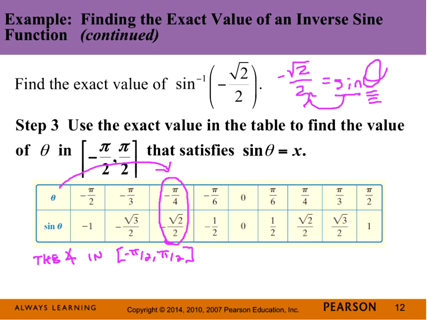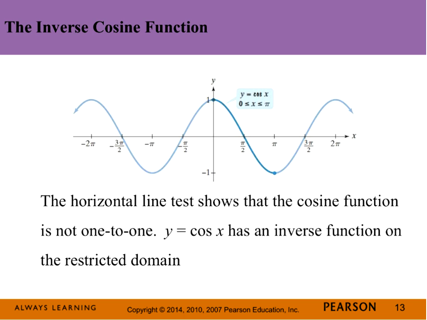So written in words, the angle in our domain here, negative pi over 2 to pi over 2, whose sine is negative square root 2 over 2, is negative pi over 4, or theta is equal to negative pi over 4.